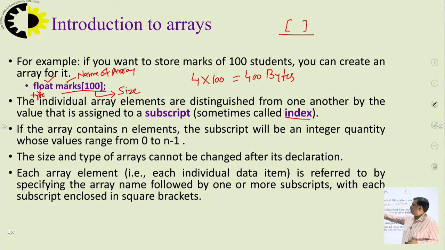Like if I want to refer to the marks of a student, I will write marks[2]. So, it will refer to the marks of the third student, because index starts from 0. So, the third student's marks will be referred to with marks[2].